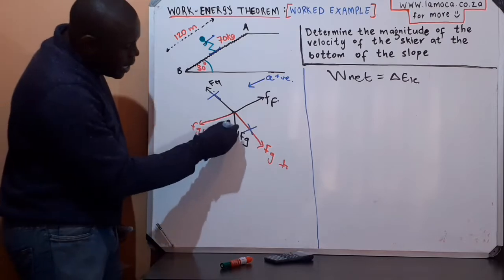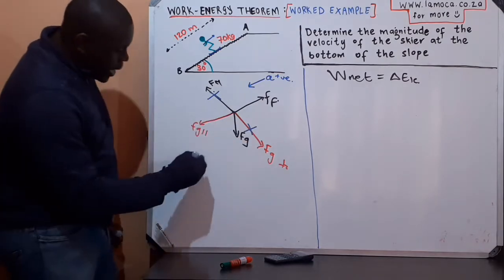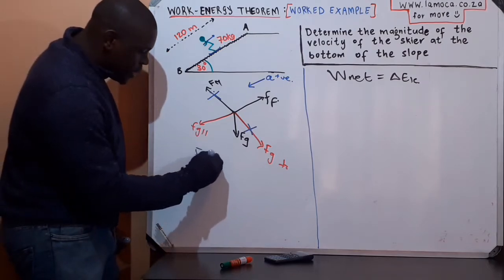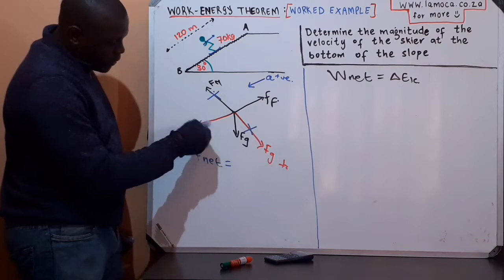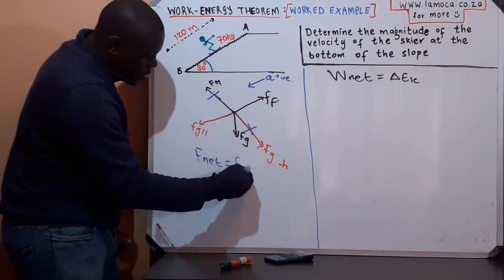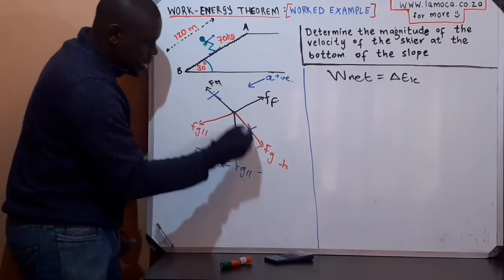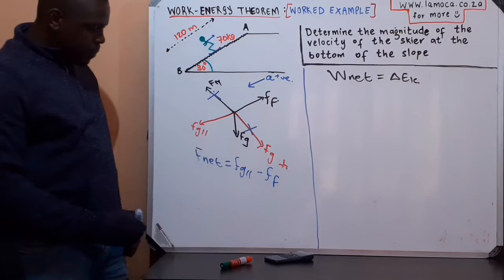Remember, Fg is taken care of by the components. So my net force, F net, is going to be the component of gravity which is parallel to the incline, positive because it's going down, Fg parallel, minus the frictional force in the opposite direction. So we take the difference there.